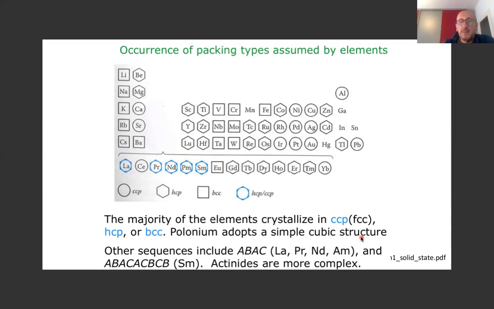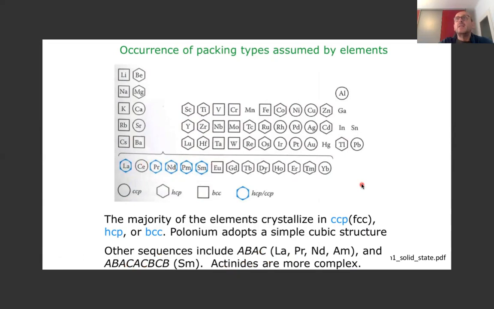And then this is the thing of the sequences here. This is what differs between HCP and CCP. It really depends on the sequencing of the layers. If it is AB, AB, AB, or AB, AC, or whatever, you can have many sorts of combinations, and depending on that, the thing is quite complicated here. And the actinides, which is the next row that should go here, are a lot more complex than this.